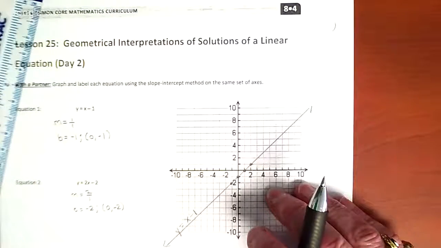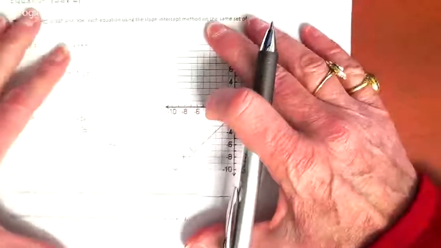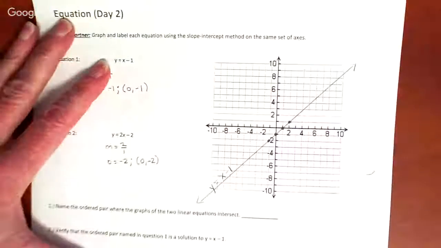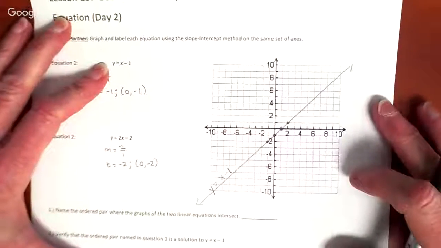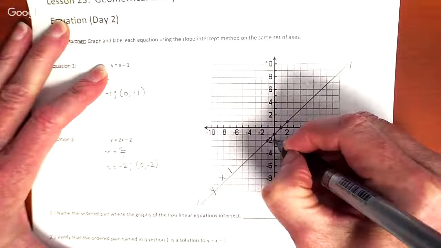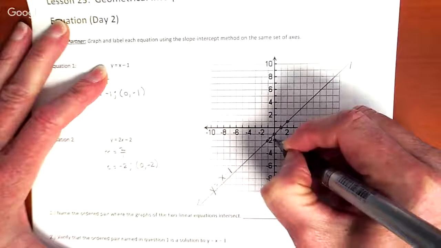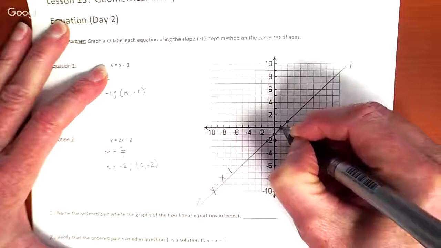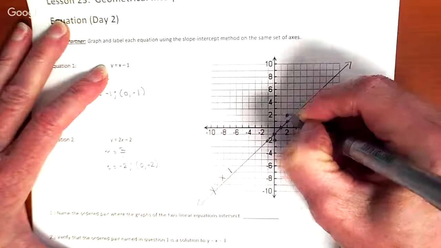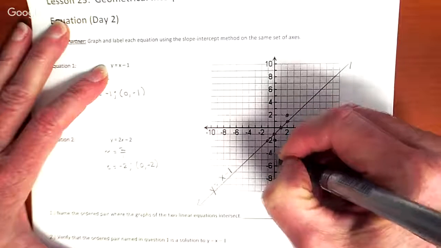My second line, I'm going to move this up just a little bit so we can all see. Trying to get it away from that glare. I don't know why that glare just keeps staying there. But now to graph that second line, we start at 0 and negative 2, which is here. And our slope is 2, so we're going to go up 2 and over 1, and we are also going to go down 2 and over 1.